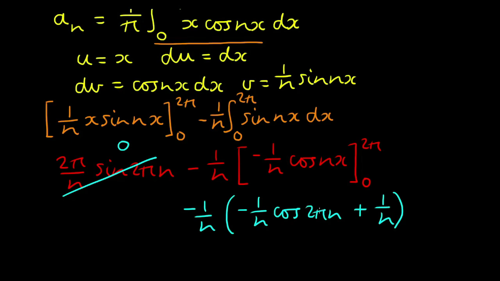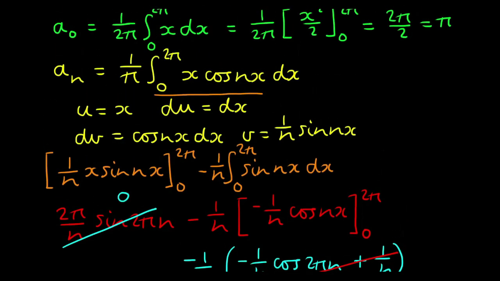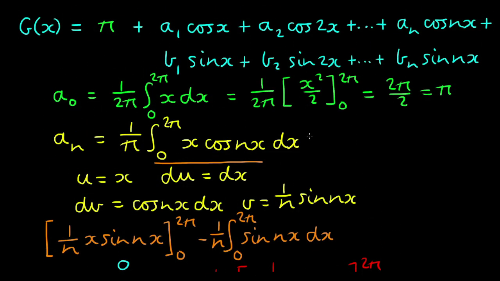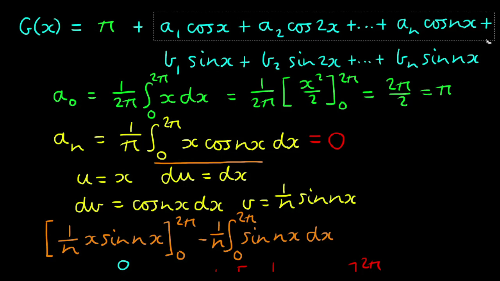So cosine of 2 pi by n is 1 for all the positive integers n. So we get minus 1 on n plus 1 on n is 0. And therefore this integral evaluates to 0. So our trig polynomial does not have any cosine terms.